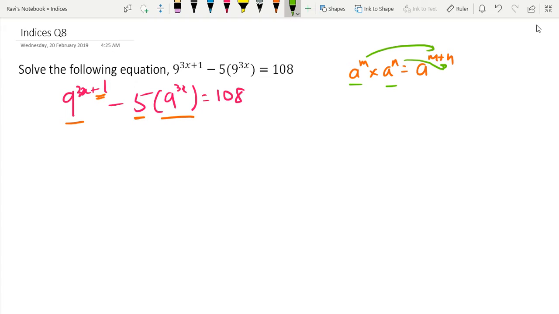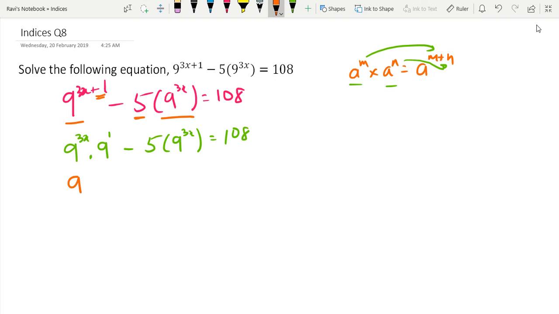Okay, so applying that rule here, this first term can actually be rewritten as 9^(3x) multiplied by 9 to the power of 1, minus 5 times 9^(3x) equals 108. Now, let me write the 9 in front so that it looks quite similar.